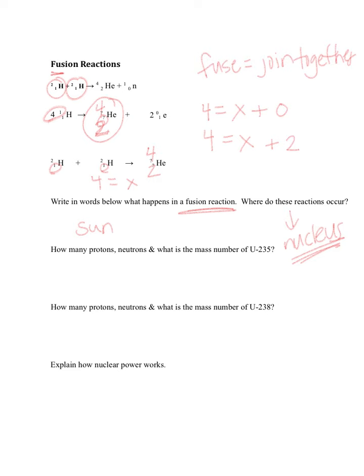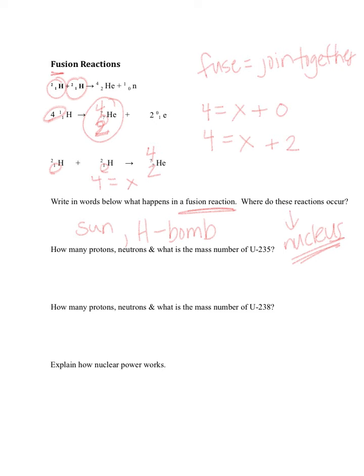Is there any place on Earth that this happens? Well, there's 2 thoughts on this. One, it happens in what are called hydrogen bombs. So if you look at nuclear weapons, old nuclear weapons used fission.